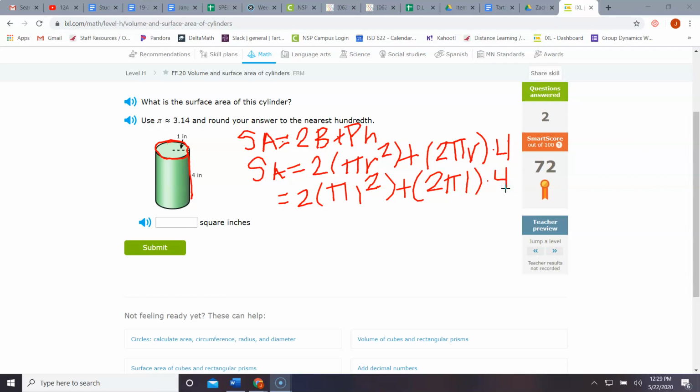Now the thing you want to remember is you want to do these pieces first, and then the last thing you're going to do is add them together. So if we multiply pi times 1 squared, we're going to end up with 3.14.